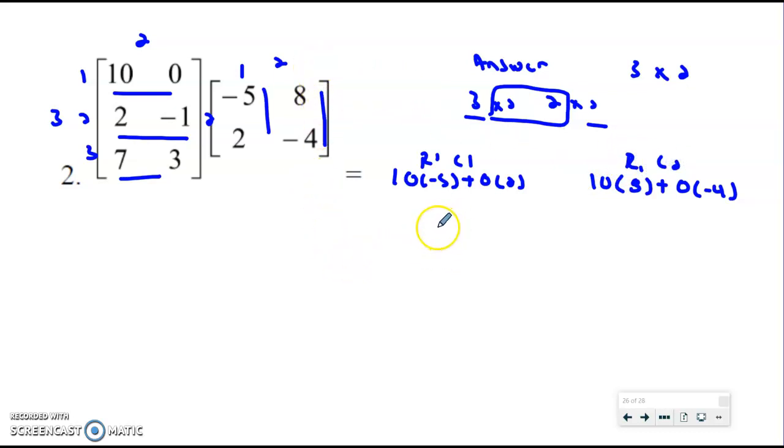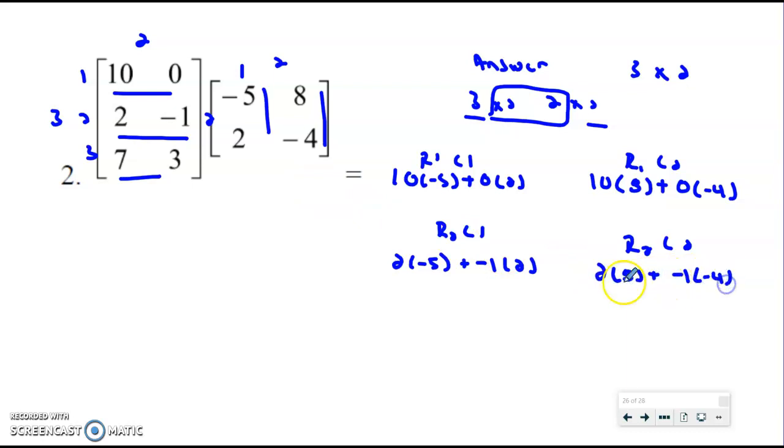This next entry is row 2, column 1, row 2 times column 1. I'm going to take 2 times negative 5 plus negative 1 times 2. And then I have row 2, column 2: 2 times 8 plus negative 1 times negative 4.